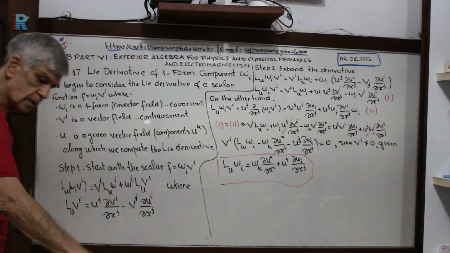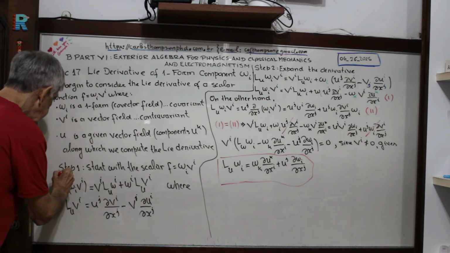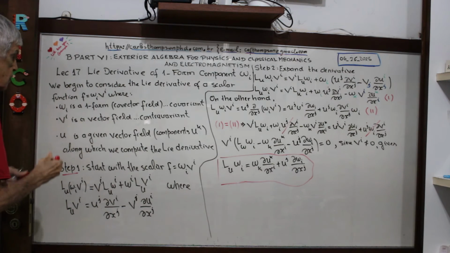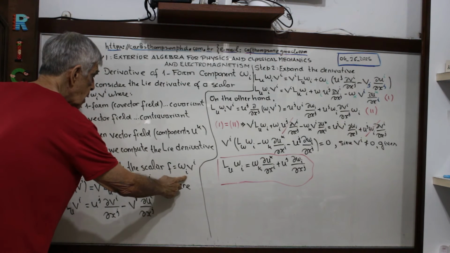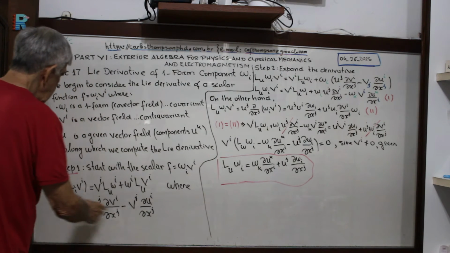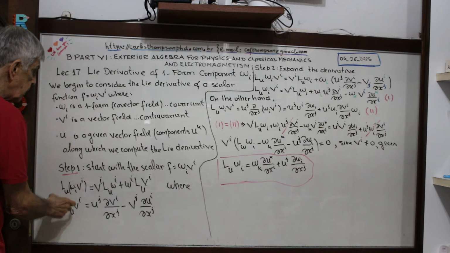Step 1, let's mark here. Start with a scalar function, omega_i v^i, and apply the Lie derivative. Let L_u of omega_i v^i.